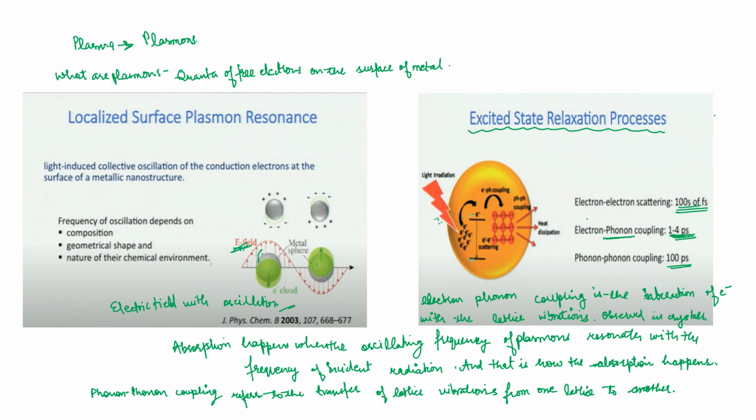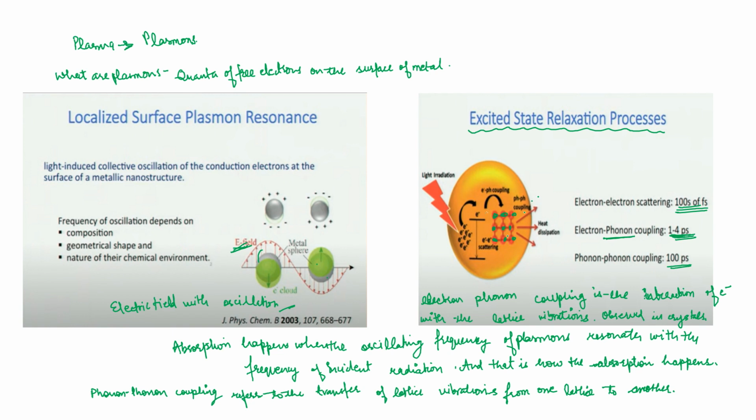The second is the electron-phonon coupling. What is this? When the electron interacts with the lattice vibration, say in an FCC lattice, the interaction of the two is called the electron-phonon coupling, while the third is the phonon coupling.